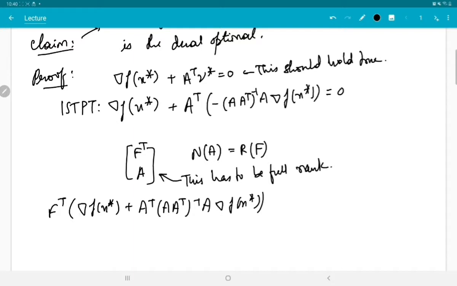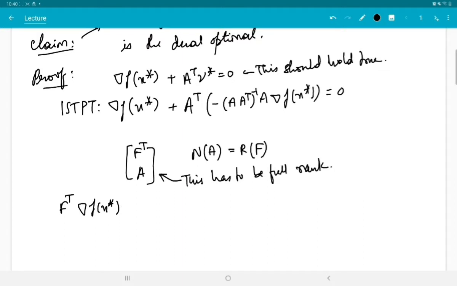Here we have F transpose A transpose, which is (AF) transpose, and that is 0 because of this relation.